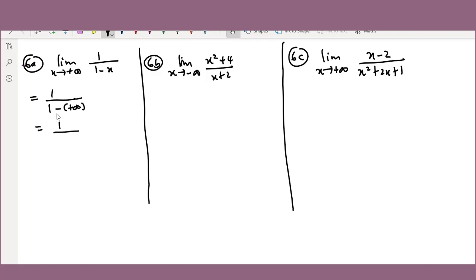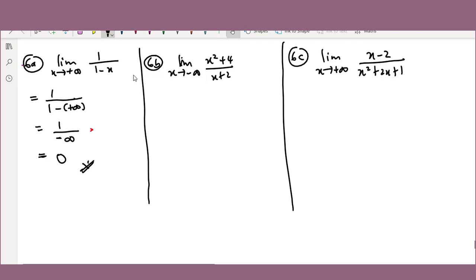Okay, 1 ringgit minus 1 million. Of course, the answer is negative infinity, right? Very big number. 1 over infinity is almost 0. This is 0. The answer is 0. Actually, you don't have to show this. Let's skip this one and it is equal to 0.